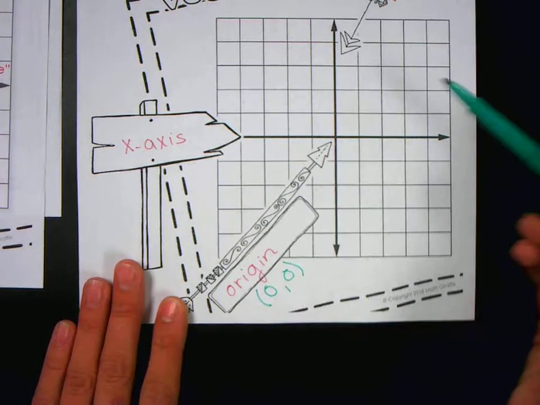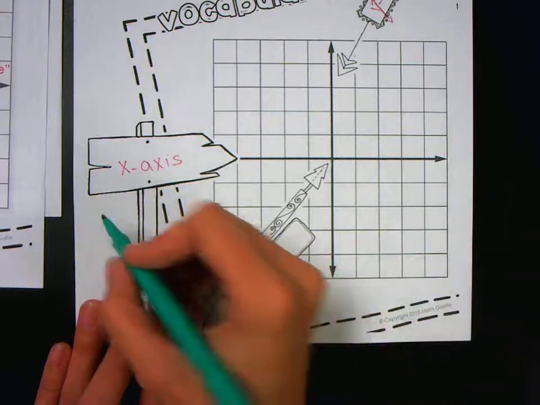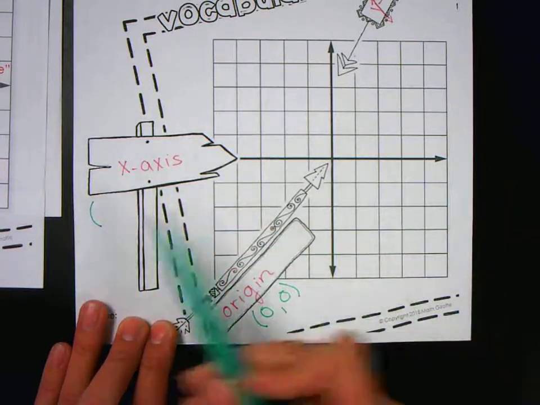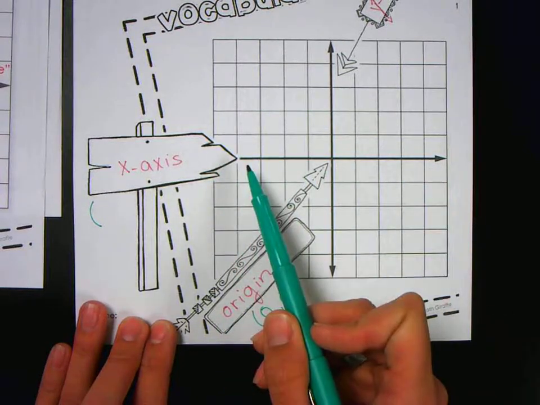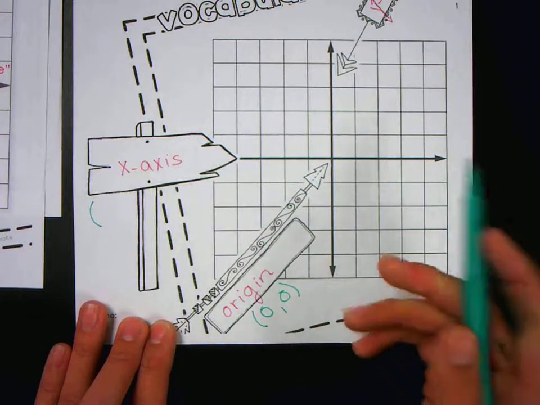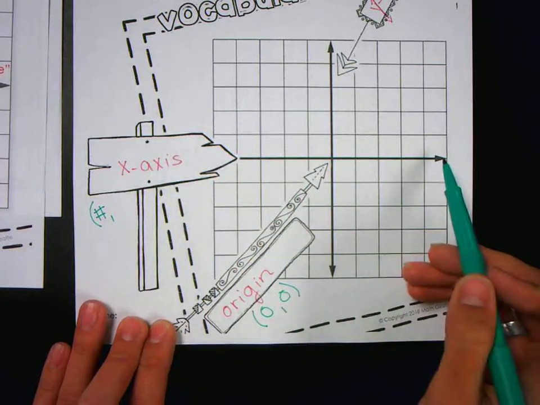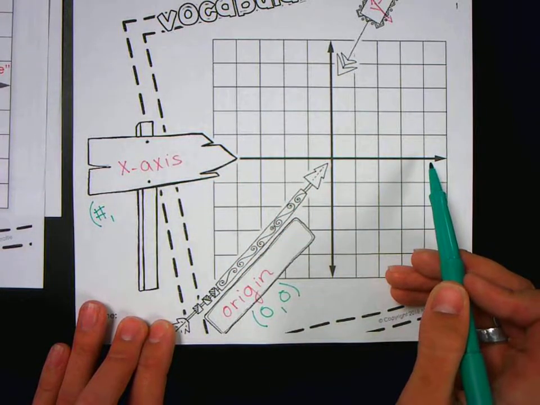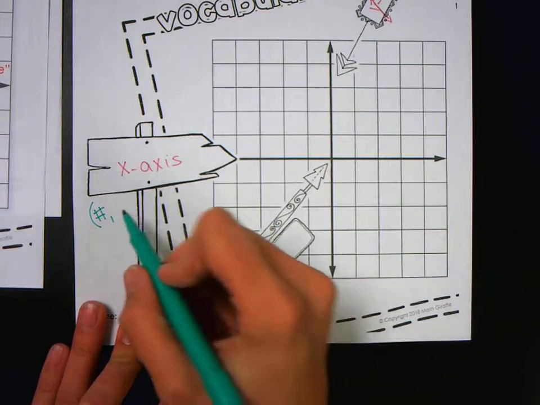If I look at the x-axis, the one that goes horizontal, okay? If I go left and right on my number line, that means my x coordinate can be any number, any positive or negative number. But when I'm on the x-axis, I need to stay on this really thick line, which means I'm not going up and down anywhere, which means my y coordinate is going to be 0 because I'm not going up and down.